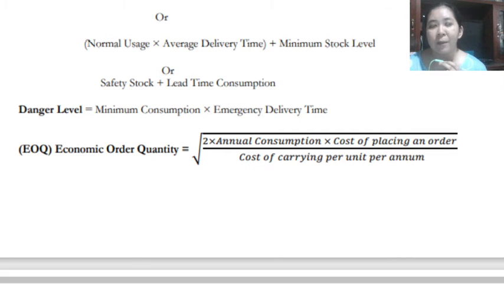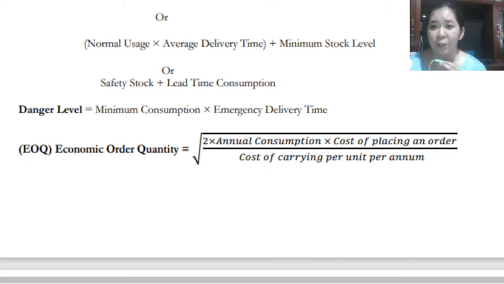Aside from that, there are also other costs that relate to inventory, especially if the inventory is left in the stock room for a longer period of time, meaning the capital tied up to the inventory is not yet converted to cash. So that's another cost on the part of the company.